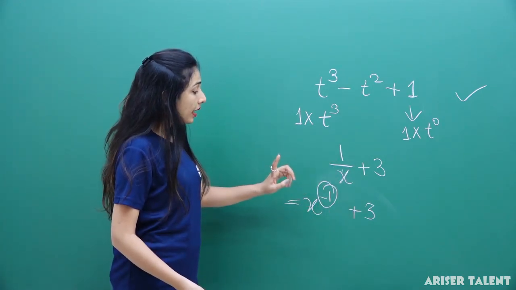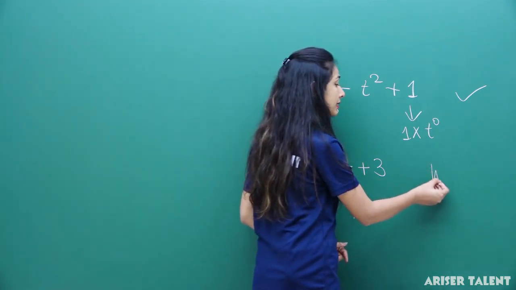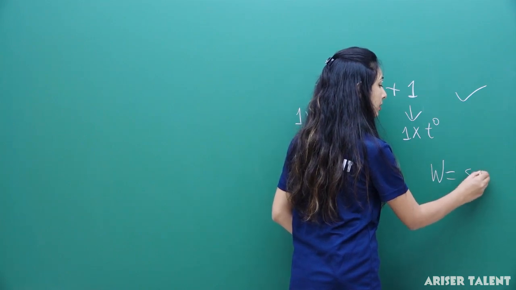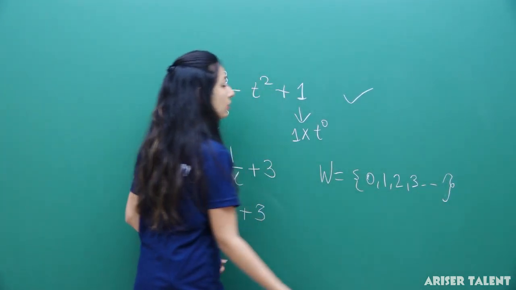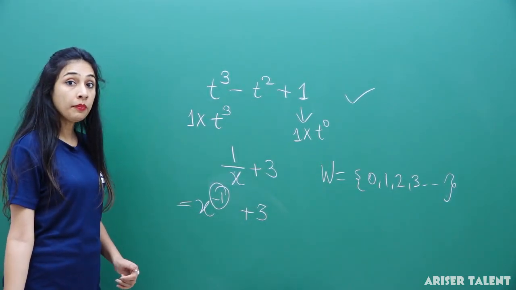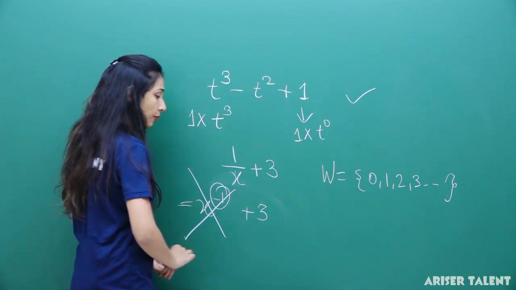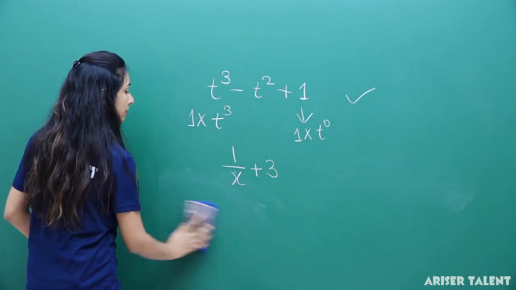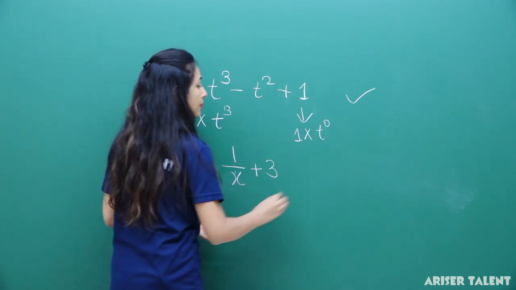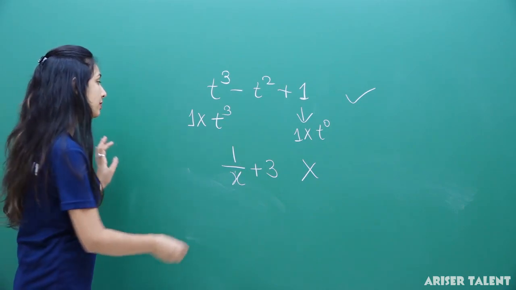Now students, mark this: I am having minus 1 here, and we are not having any negative number in the whole number set. That means this is absolutely not a polynomial. Understood.